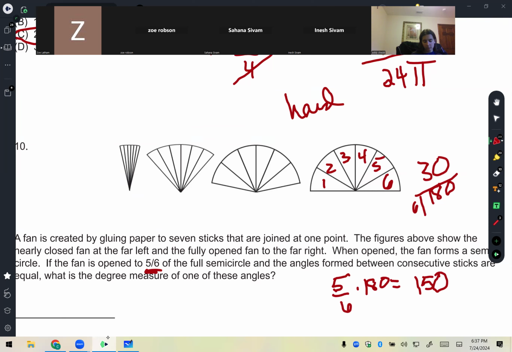Now, even if it's open 5/6, you see, I would still have 6 sections. That's the part you have to notice, because of each of the sticks that holds the fan. So basically, I'm going to divide 6 into 150. And I would just get 25 degrees.